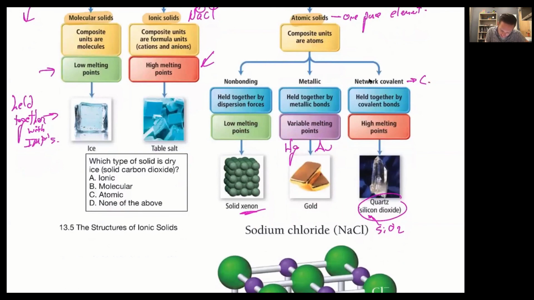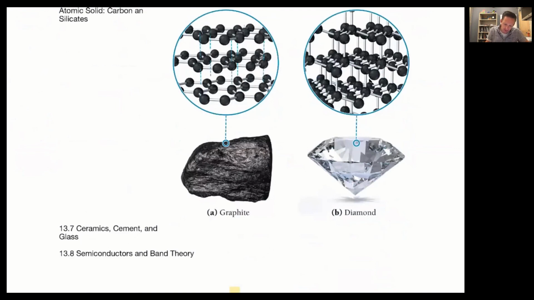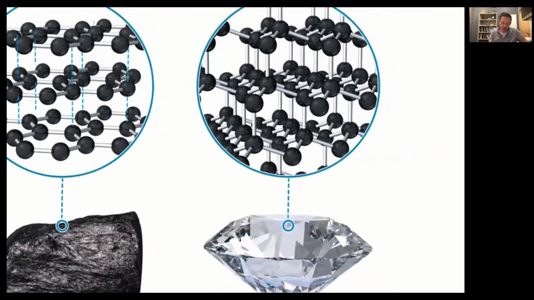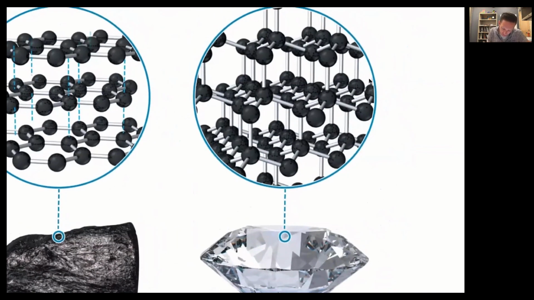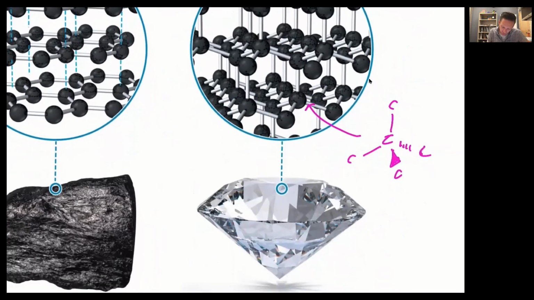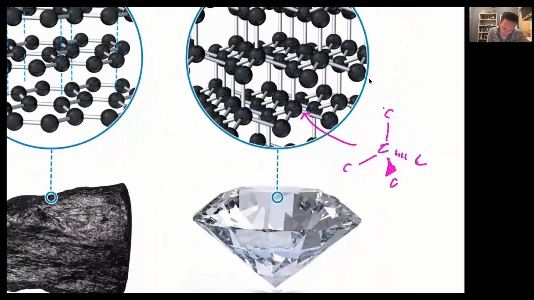Carbon, diamond is the classic one, which I think I've got a picture of right here. Diamond is tetrahedral carbon, all sp3 hybridized. So one carbon is attached to 4 neighboring carbons with covalent bonds. And then each of those carbons is also attached to 4 neighboring carbons with covalent bonds.